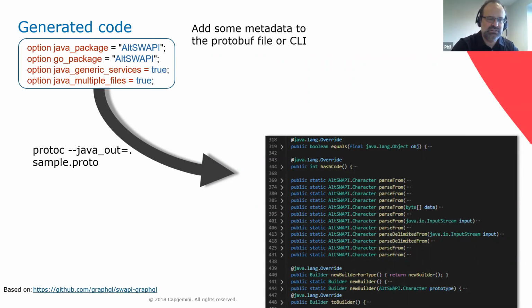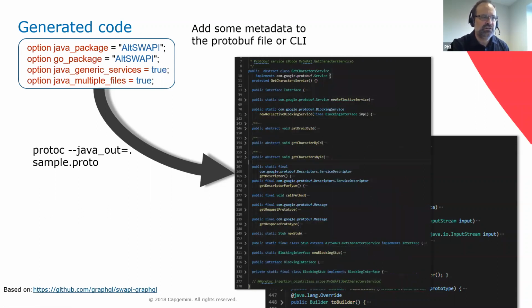I'm classically a Java user, so I ran it to Java, and you can see it builds a whole load of operations and internal utilities, but ultimately we'll see things like this, where you can see get droid by ID, get character by ID, get characters by ID, and other operations that we might choose to define.